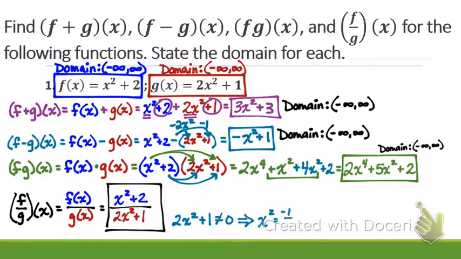Yeah, if x squared was negative 1/2, is that possible though? Can I square something and end up with a negative? No. Not unless it's imaginary. So in this case, this is not possible. So do I have to worry about the denominator being 0? Not in this circumstance. So what is my domain here? All real numbers.